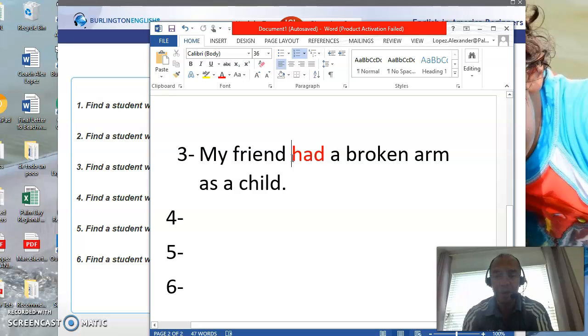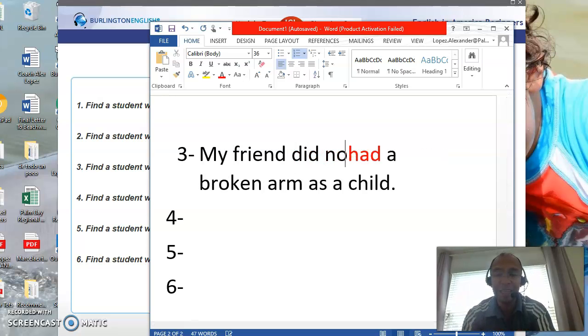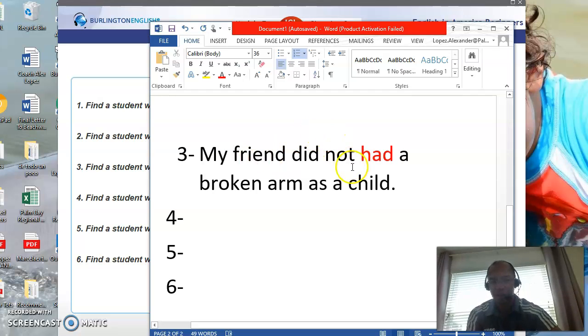My friend, if you want to make it negative, did not had, incorrect. So because you use did right here, you have to change this to have. My friend did not have a broken arm as a child.